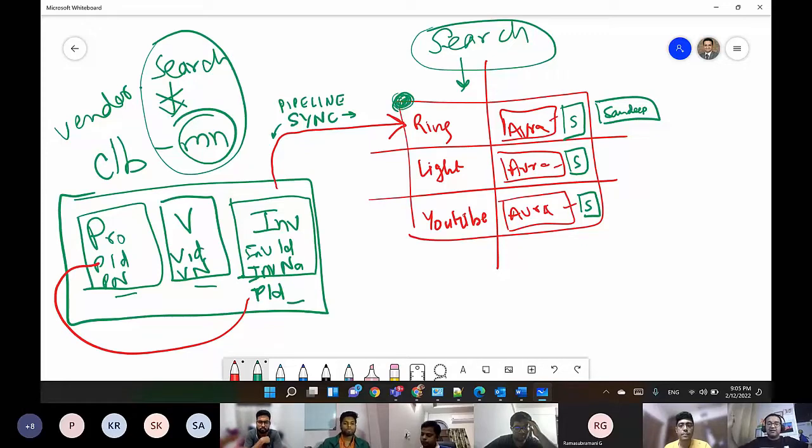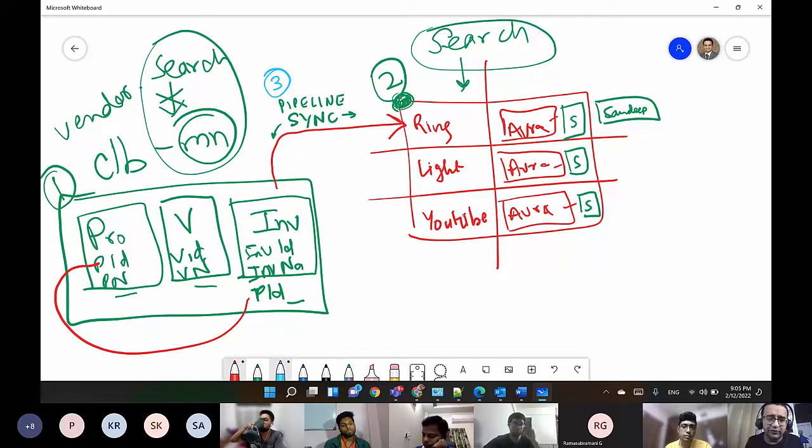Does that make sense? Yes. So we have just found, I'll number these: there is one database, there is a second form of database which we are calling the index, and there is a third, a microservice that you have identified.